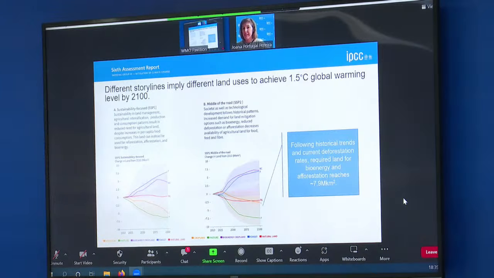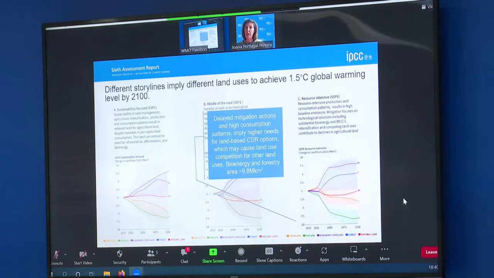And in this specific pathway, we also see, following historical trends, a decrease of native species, which means a high rate of deforestation, which is clearly not the correct pathway that we want to achieve in future.